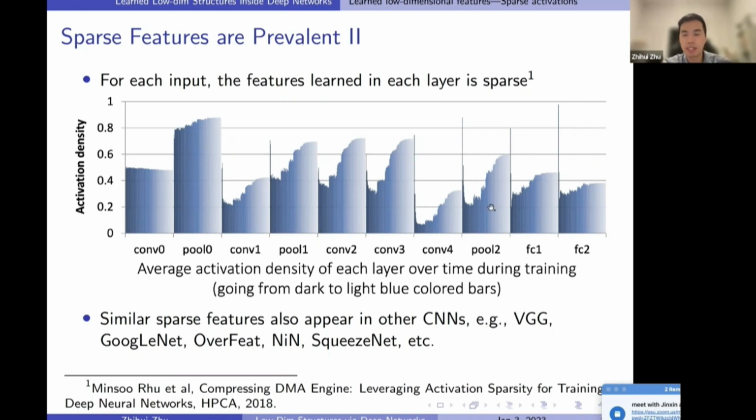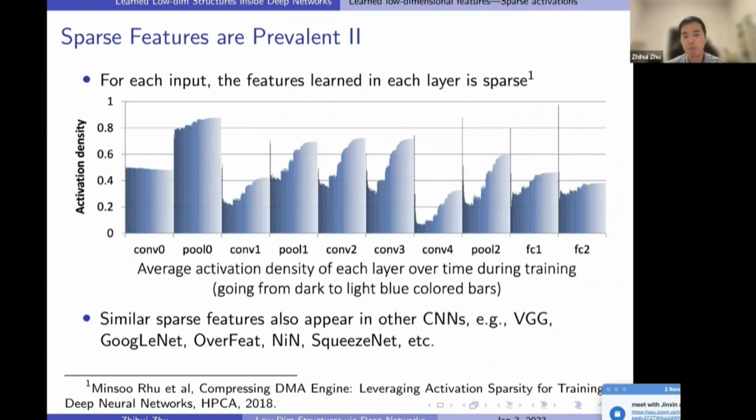What we can observe is that after training, the features tend to be sparse, in particular in the deep layers. For example, in the last feature layer, at the beginning the features tend to be very dense, not sparse. But after training, they become sparse. Here only slightly more than 35% are non-zero elements, and the rest of them are 0.